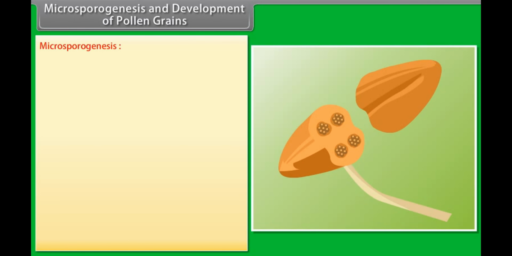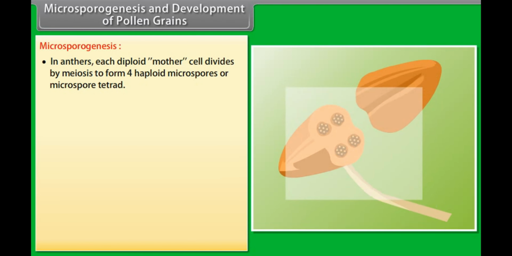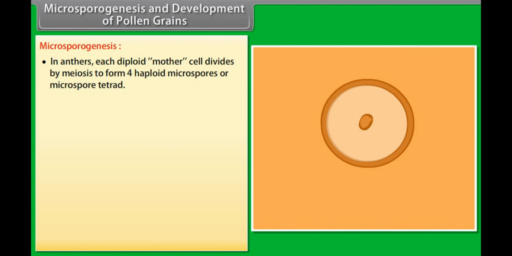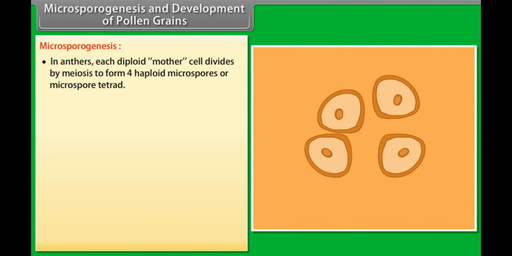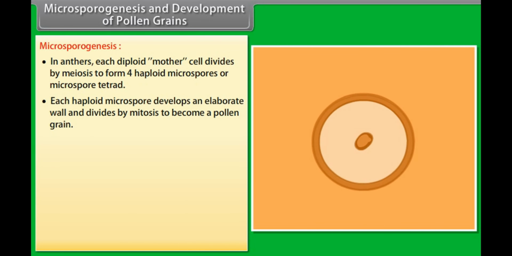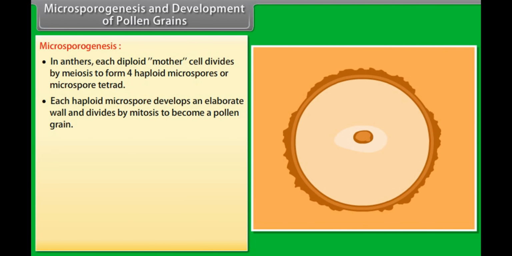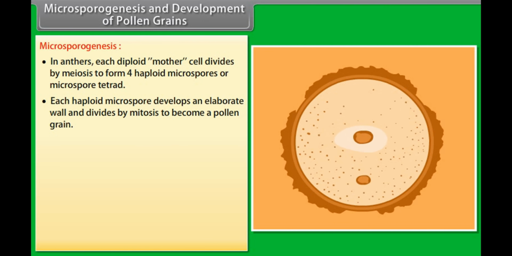Microsporogenesis and development of pollen grains. Microsporogenesis: in anthers, each diploid mother cell divides by meiosis to form four haploid microspores, or microspore tetrad. Each haploid microspore develops an elaborate wall and divides by mitosis to become a pollen grain.